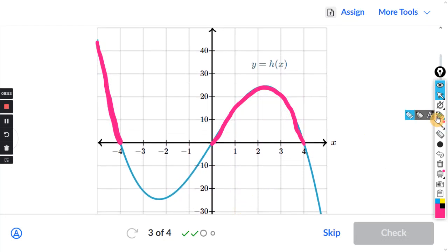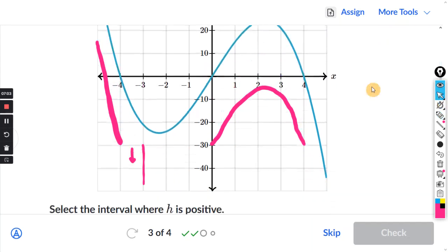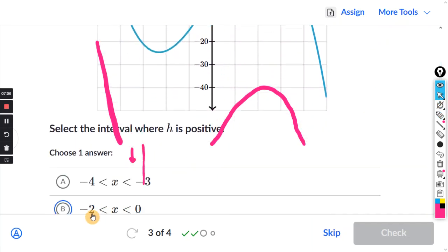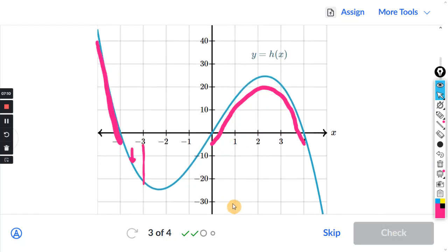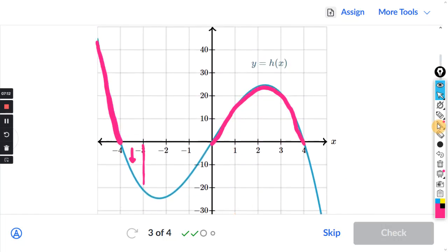Between -4 and -3, we can see right here this section is negative. It's below the x-axis, so that's no good. Between -2 and 0, I think it's the same thing. That is also below the x-axis, so that's no good.